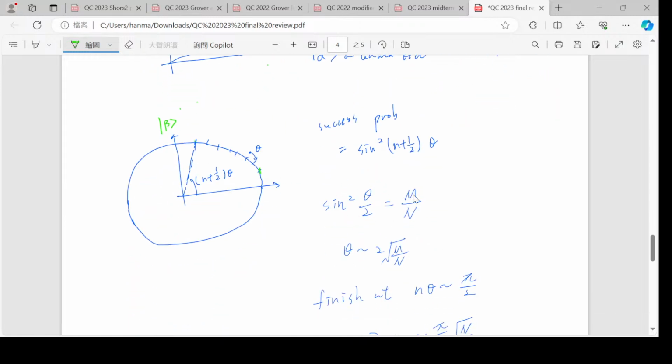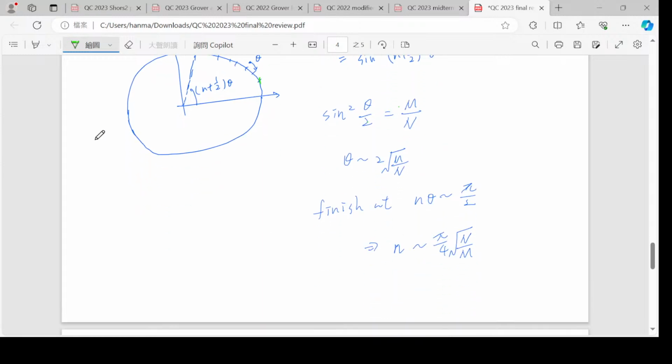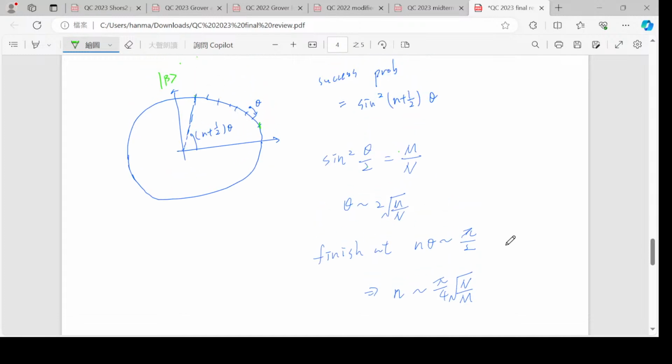Then you assume M is much smaller than N, and we can do this rough approximation: if theta is small, then sin theta is about theta, so this side is about theta over 2 squared. You move things around, then you see that theta is twice, so 2 goes here, and then you take a square root, so square root of M over N. So theta is about this.